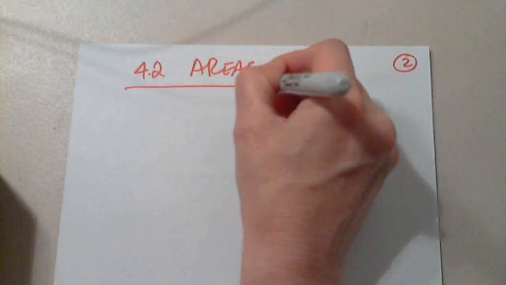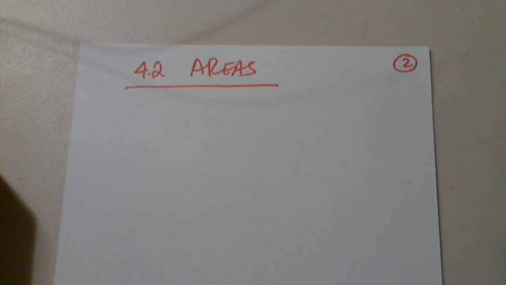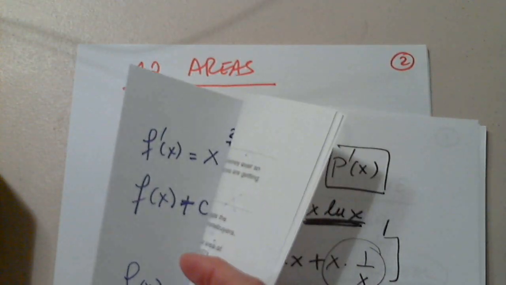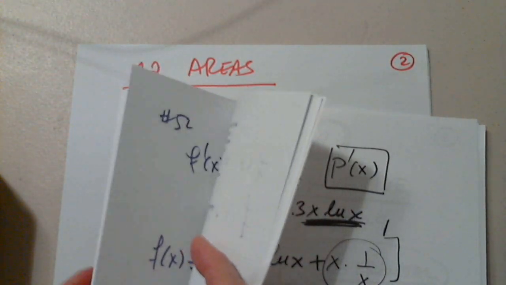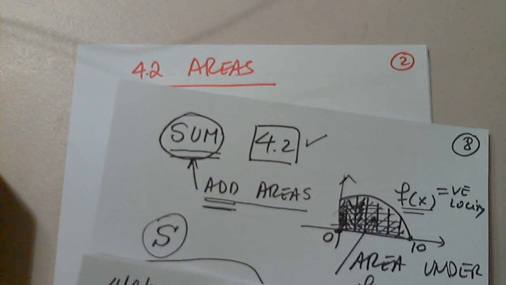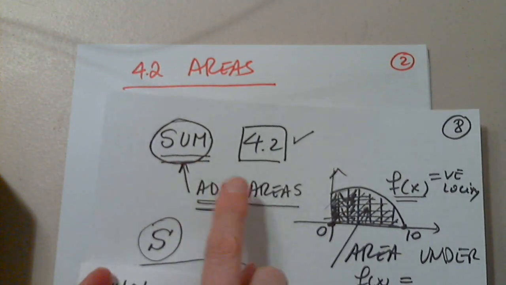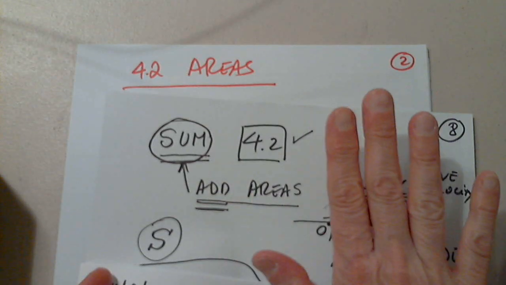So the next section is 4.2. We're going to talk about areas. And you can say, areas, well, who cares? I introduced this idea last time. That's why I didn't recycle this just yet. I will explain again.